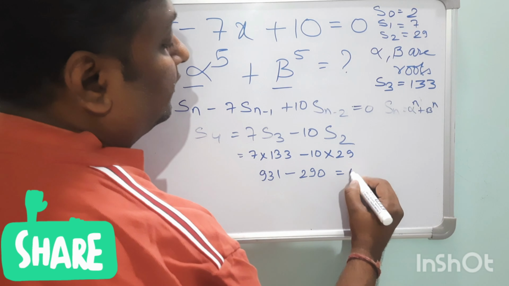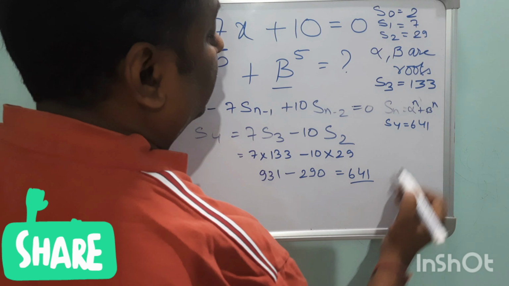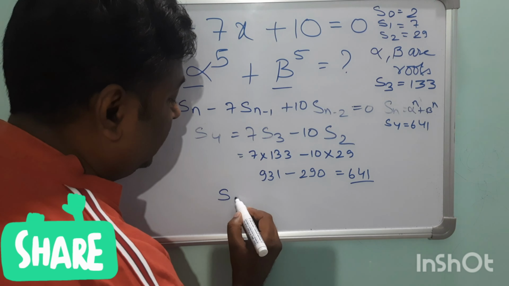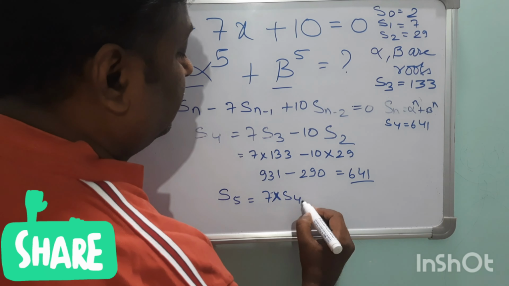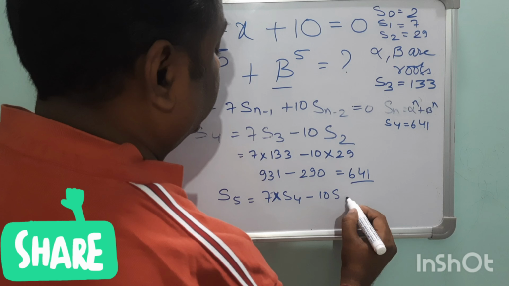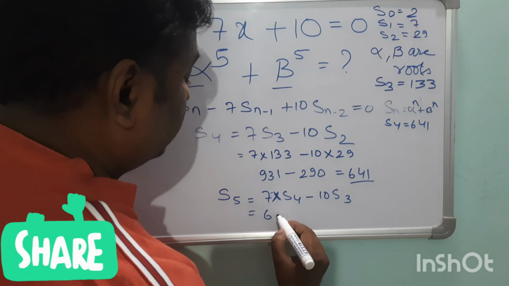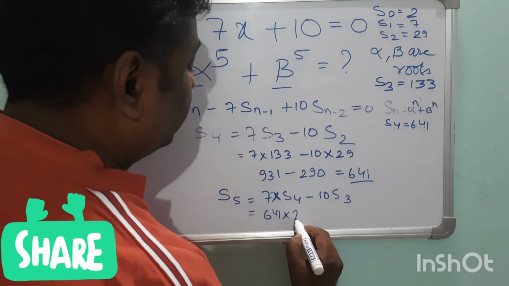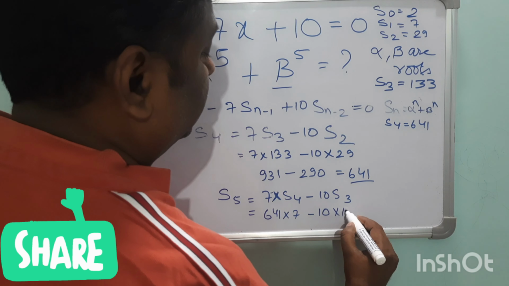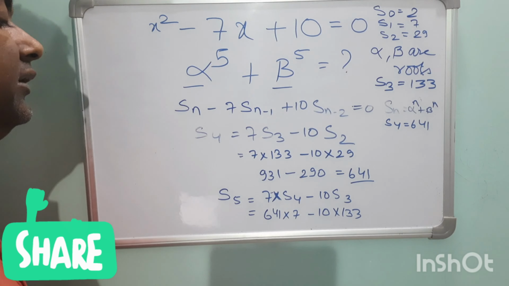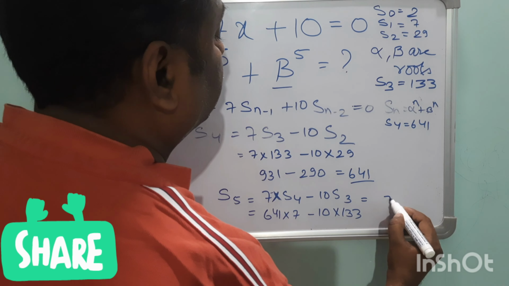And this will become 641. So S4 we know is 641. What is S5 now? S5 is 7 times S4 minus 10 times S3. So we can write 641 into 7 minus 10 into S3, that is 133. This value equals 7.